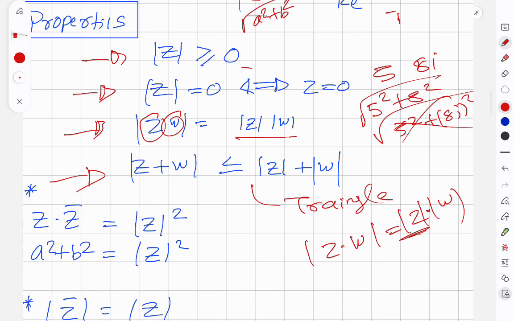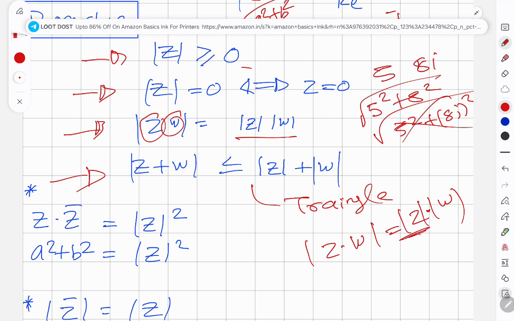The triangle inequality: if you have the sum of two complex numbers and you take the modulus, it is always less than or equal to the modulus of one plus the modulus of the other. I think in Physics 1, the second chapter on vectors, or maybe in linear algebra, vector spaces, you have the proof of this triangle inequality.